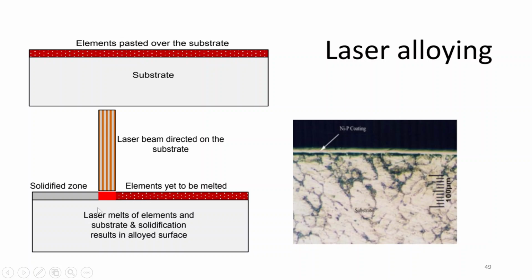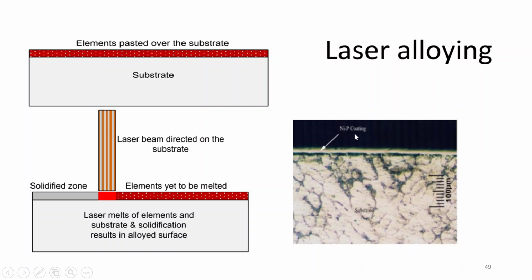Okay, so here the laser melts the elements and substrate, and the solidification results in an alloyed surface. So some atoms will be combined with these elements and will be forming alloy on the surface.